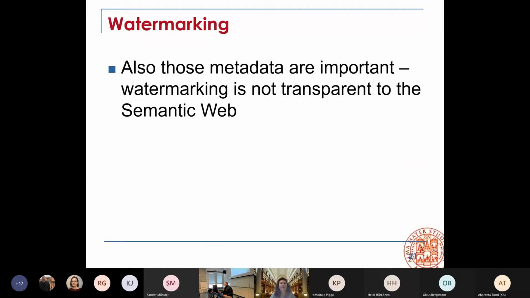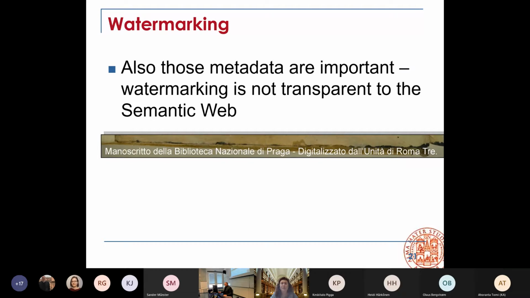And there is another problem. We need also to manage the IPR and the related license and permission for improving reusability, and hopefully to include all this material in Europeana in the future.